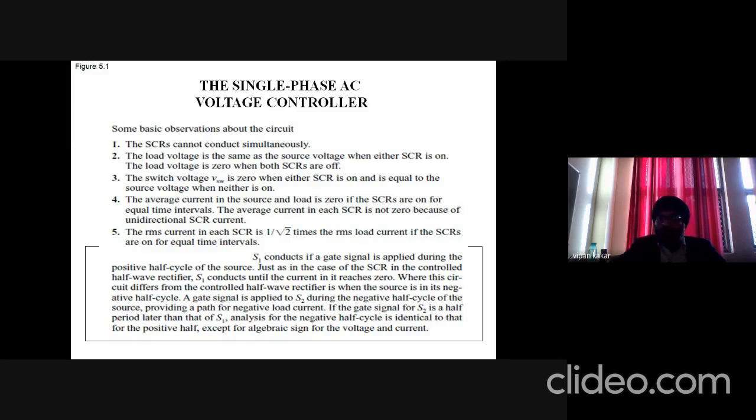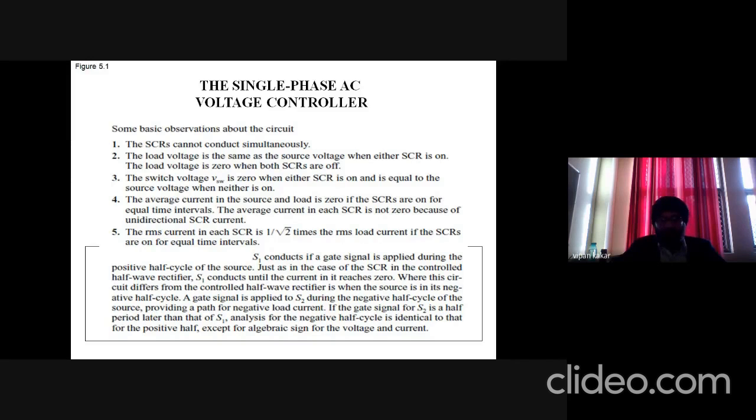The average current in each SCR is not zero because of the unidirectional SCR current. Collectively, it is zero in the circuit, but in each individual SCR, it is not zero. That is also an observation based on the waveforms in the previous slide.